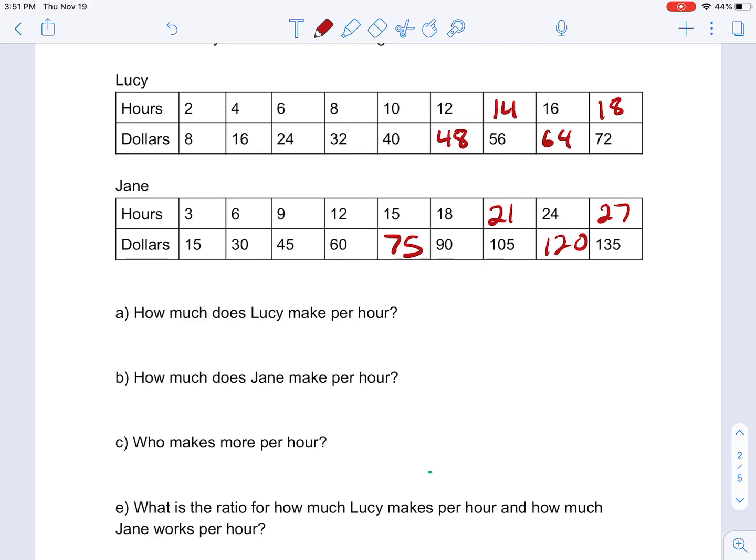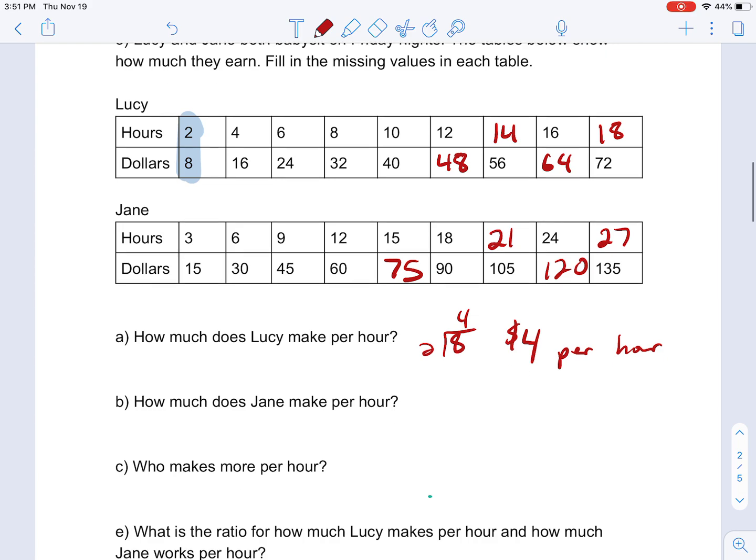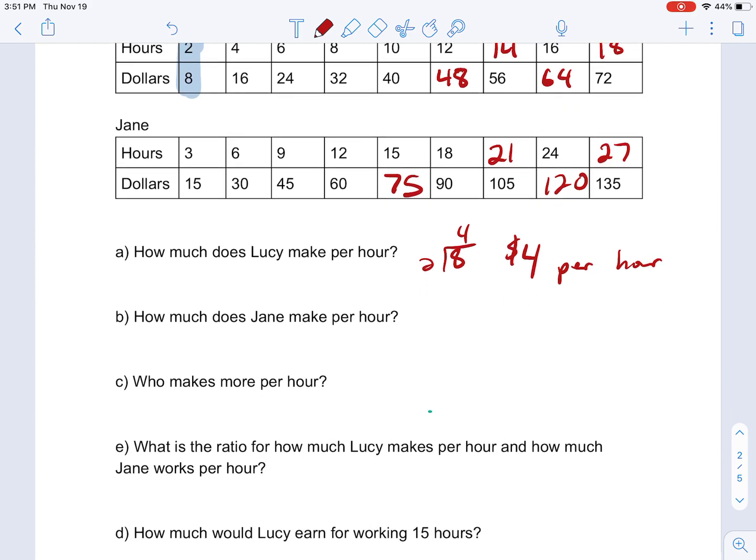Letter A says, how much does Lucy make per hour? Well, Lucy makes $8 in 2 hours, so if I divide 8 by 2, that gives me 4. So she makes $4 per hour. Letter B says, how much does Jane make per hour?